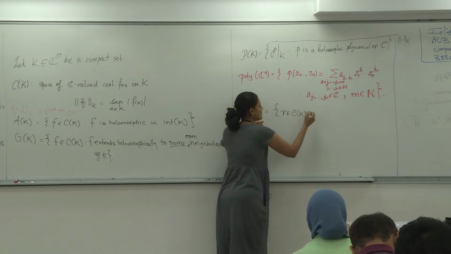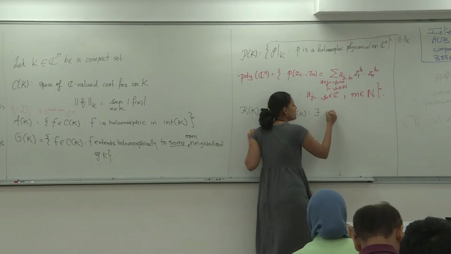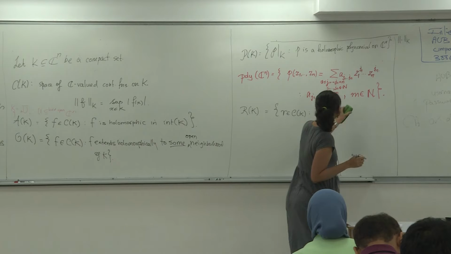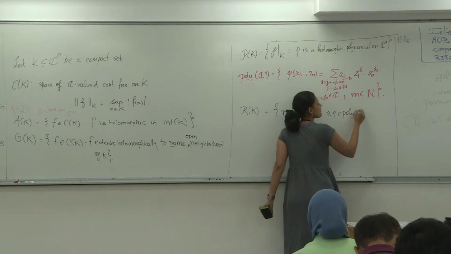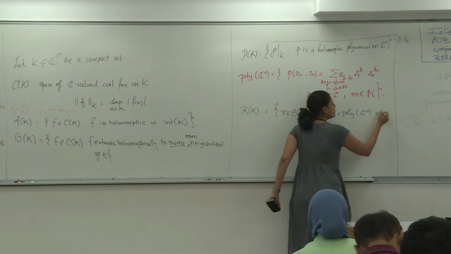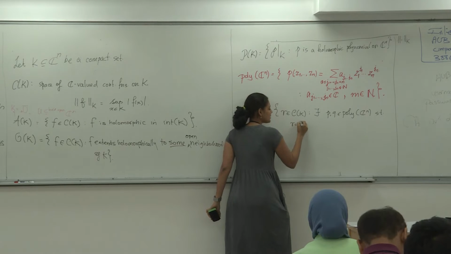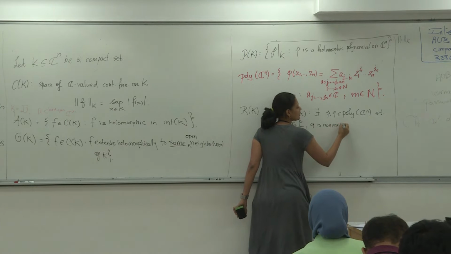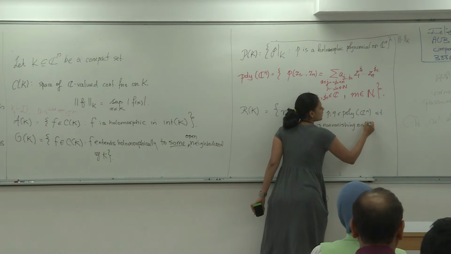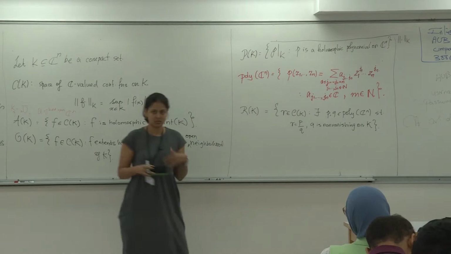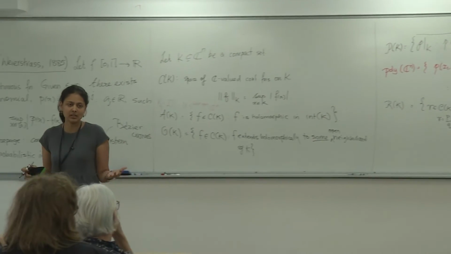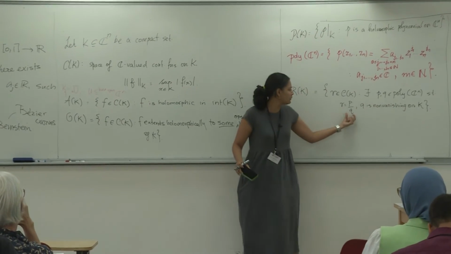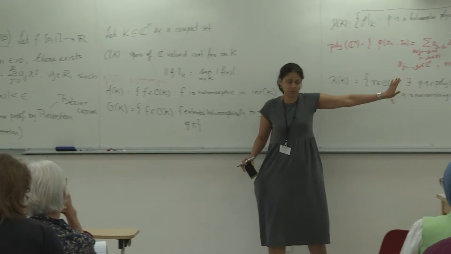These are those continuous functions on K such that there exist holomorphic polynomials P and Q on Cn such that R can be written as P over Q, and Q is non-vanishing on K. So I want rational functions on Cn which have no problem. They are nice and holomorphic on K. All the problematic points are off of K. That's the point here.